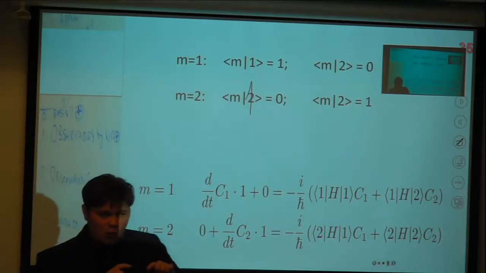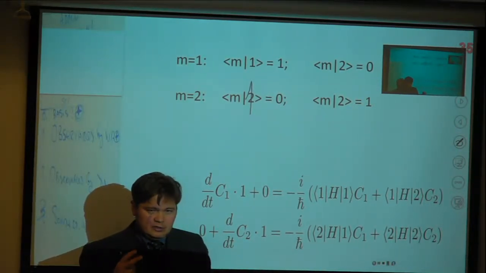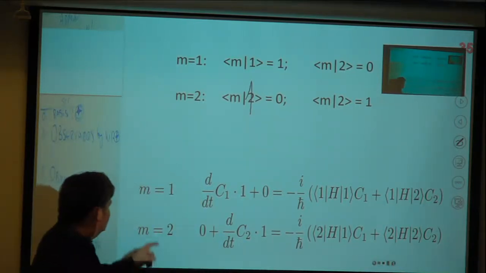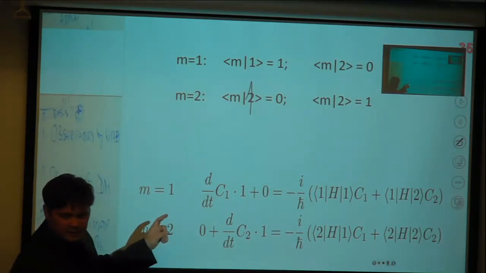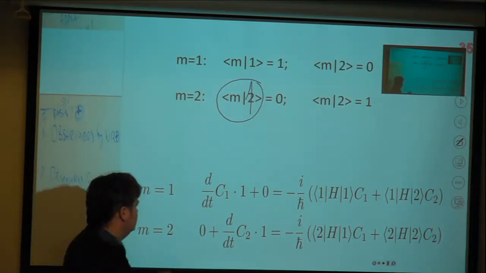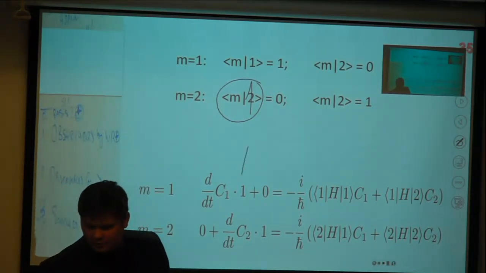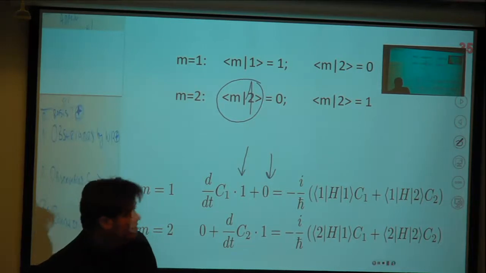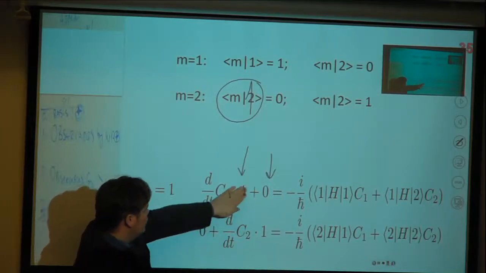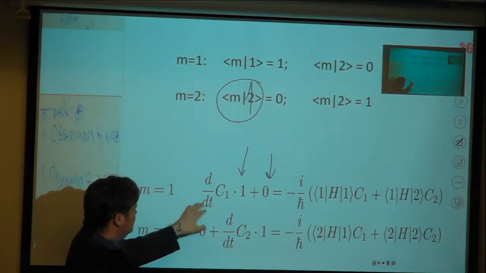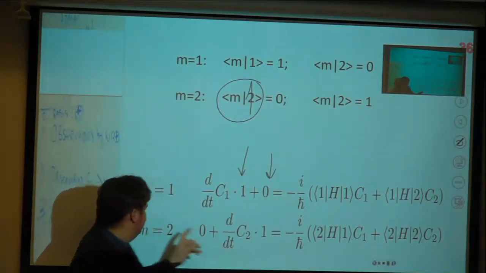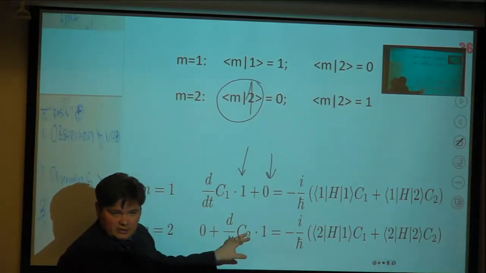Then instead of one equation, we will have two equations. We replace the bra-ket convolutions with 1 or 0, and through this trick we keep only one expansion coefficient on the left. If m equals 1, only C1 survives and the rest are dead. If m equals 2, only C2 survives and the rest are dead.